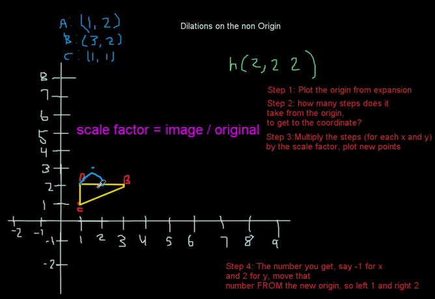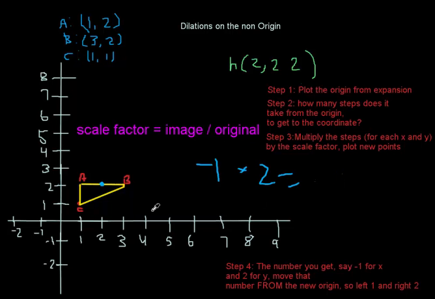So left 1 corresponds to the x-axis, so it'd be -1, and y it's 0. Then multiply the steps by the scale factor. So -1 for x times the scale factor of 2 would be -2.